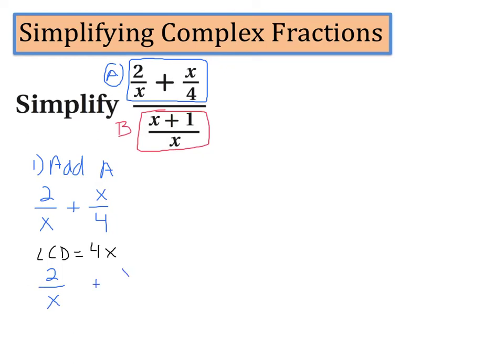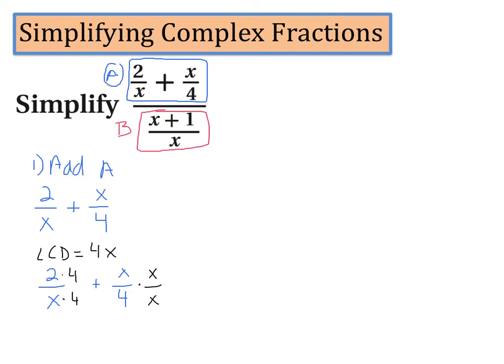So if I have 2 over x plus x over 4, to make the fraction on the left have a denominator of 4x, I have to multiply the bottom and the top by 4. For the fraction on the right, I have to multiply the top and the bottom by x.